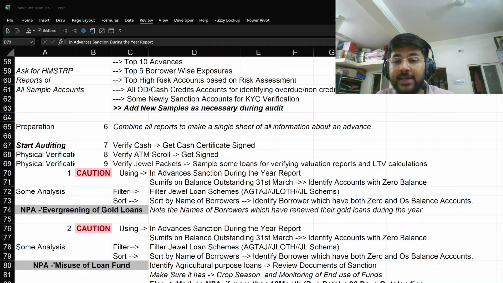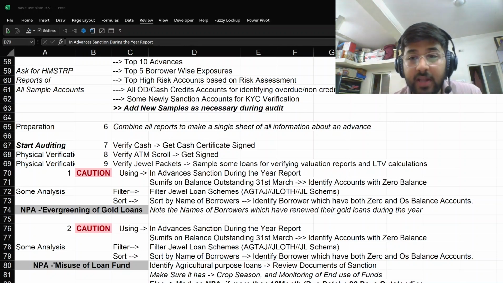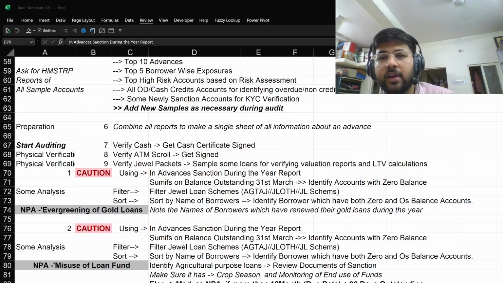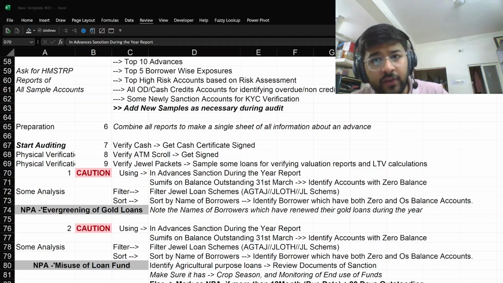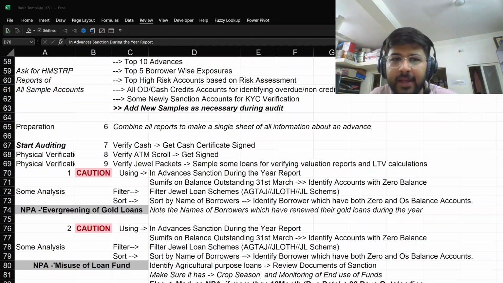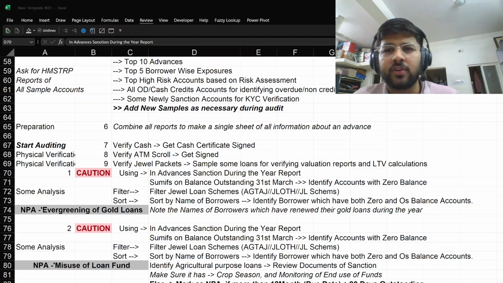You should use the accounts open during the year report, SUMIF on that report, the outstanding balances, and filter the jewel loans. Once you filter the jewel loans, you sort it by name, and you would identify borrowers who have taken loan during the year and squared it off. This will help you identify NPA gold loans through evergreening.